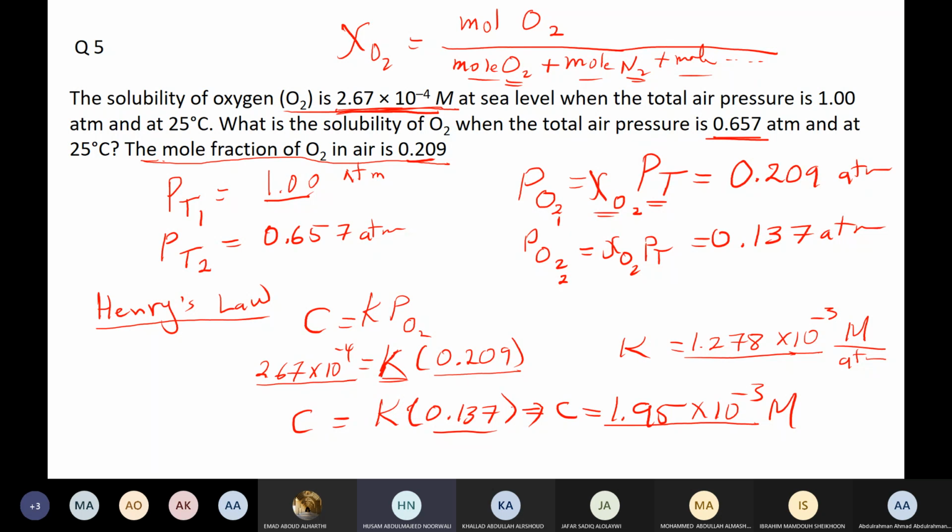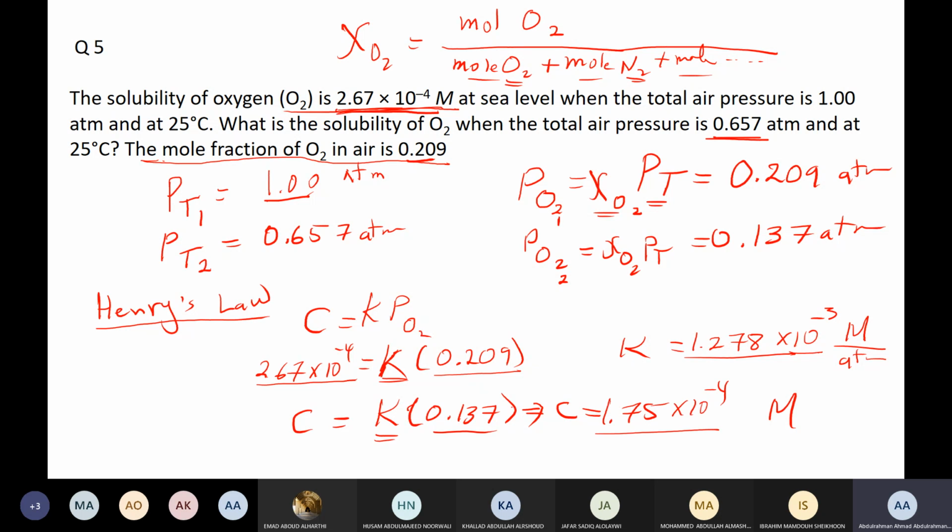Actually, yes. I don't know what happened in the last step, but this is wrong, definitely. I agree. Fantastic observation, actually. Only in the last step was the mistake. Okay, the answer is 1.75 times 10 to minus 4.